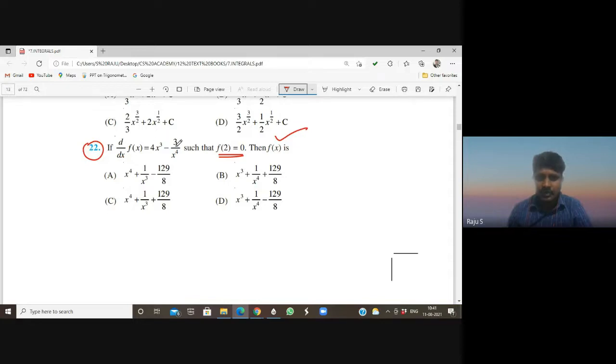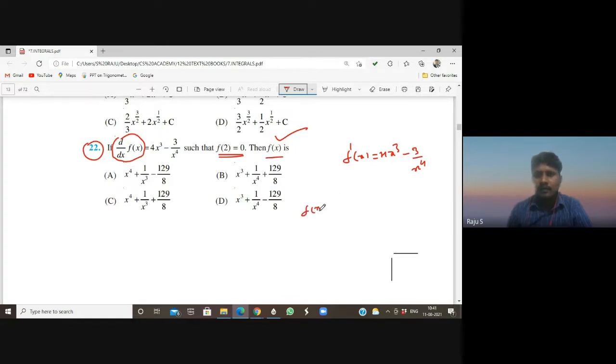See students, they are asking for the original function. The derivative of the function, f dash of x, is given as 4x cube minus 3 by x power 4. D by dx of f of x means f dash of x only. Now we want to find f of x. For that, what shall we do?